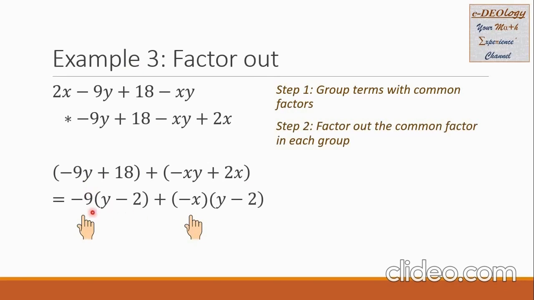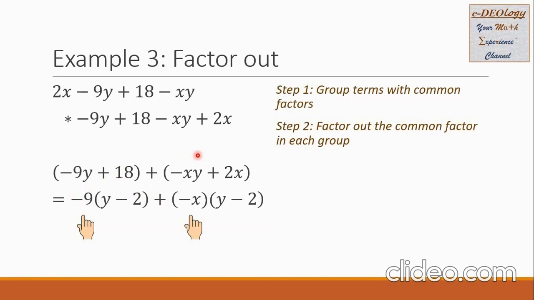Now, to check myself, the negative 9, if I multiply it by y, I will get back the negative 9y. The negative 9 times the negative 2 equals positive 18. So I'm sure that these factors are correct for the first group.